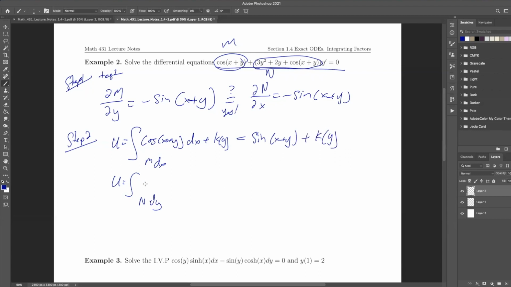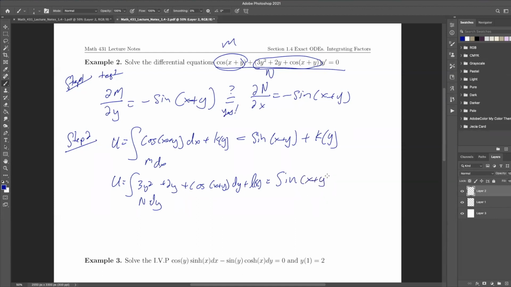If I take n with respect to y, this will be 3y squared plus 2y plus cosine of x plus y, dy, plus some other function of x, which I don't know about.